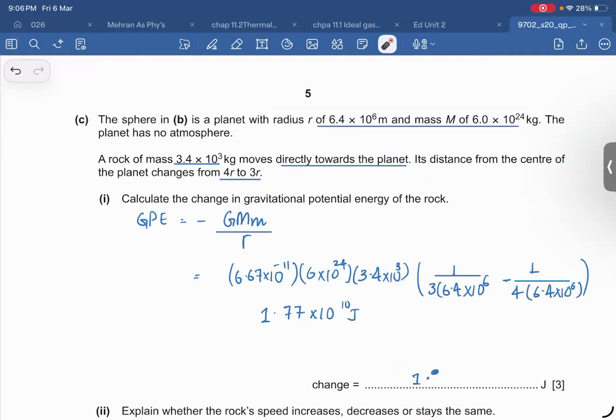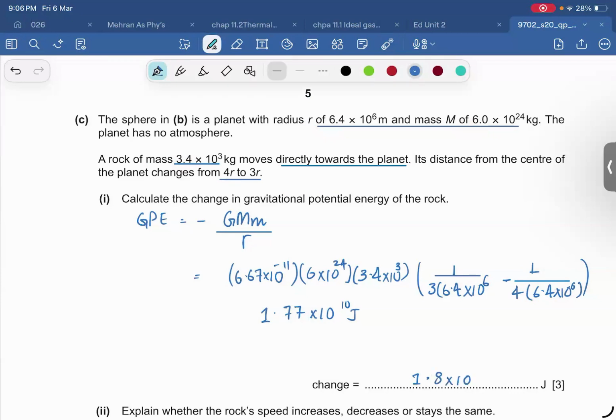Over here in A2, we don't have any standard of giving 2SF or 3SF. You have to check with the question. If everything mentioned in the question is of 2SF, then your answer should also be in 2SF. So it should be 1.8, not 1.77. So 1.8 exponent 10. Good.